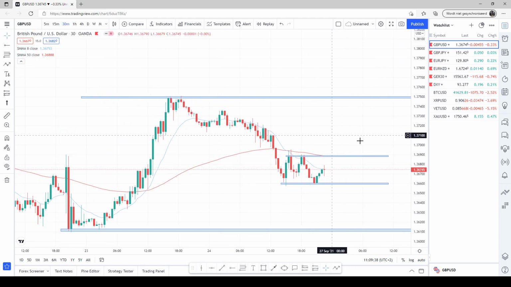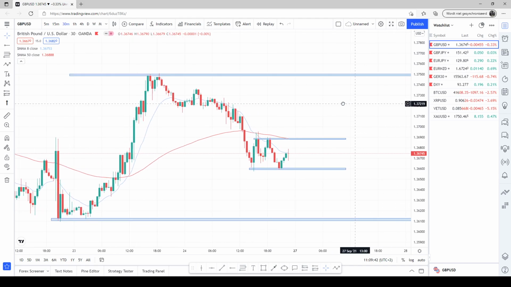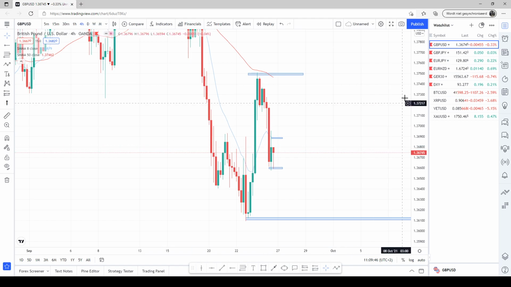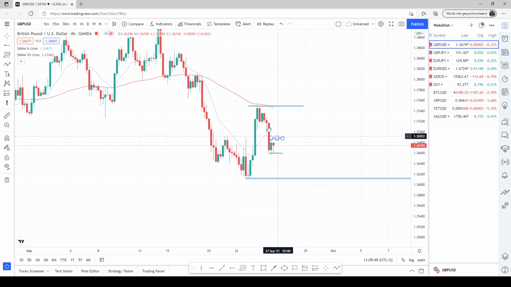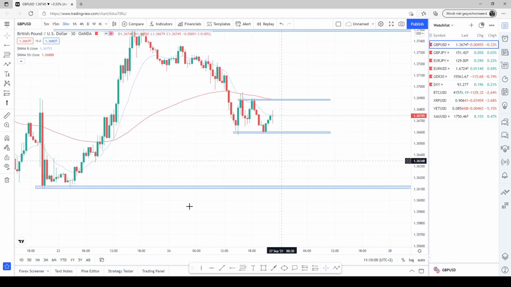But yeah, we have to wait for market open and see what it does during Asian session. But if I look at the charts on the 4 hour, I think it made this correction for this big impulse. You see some kind of support over here.